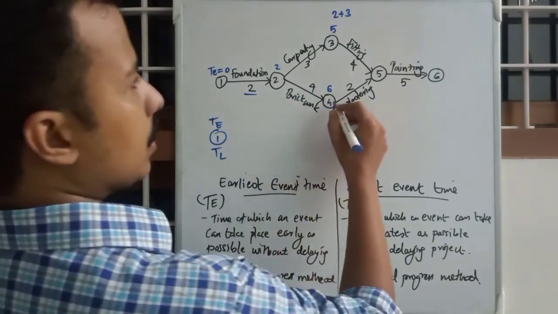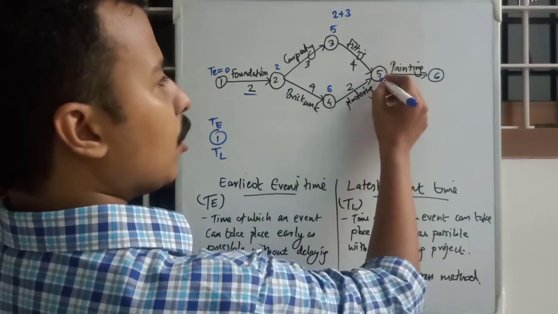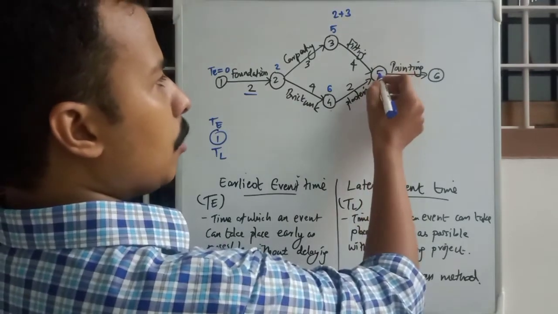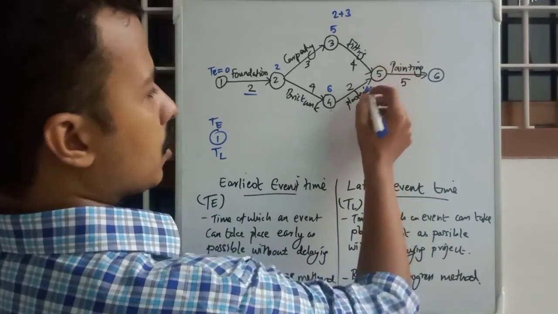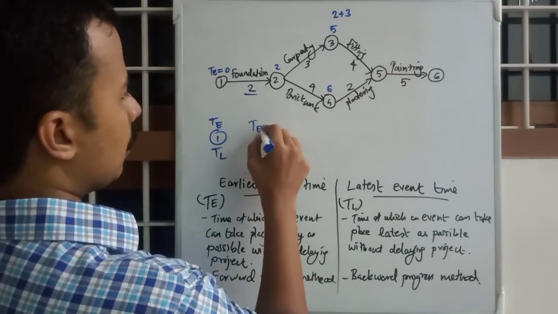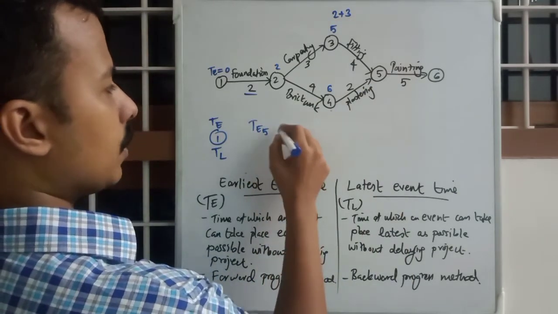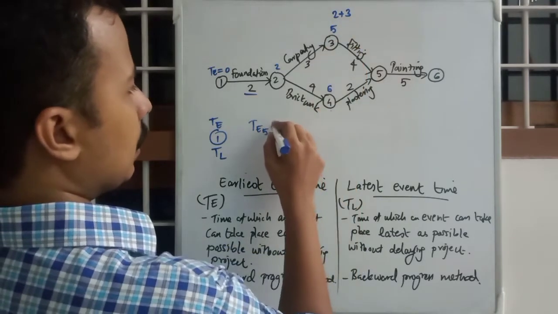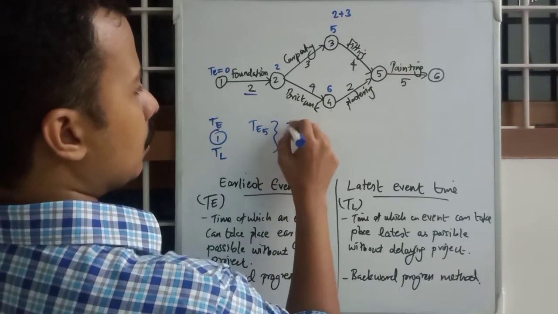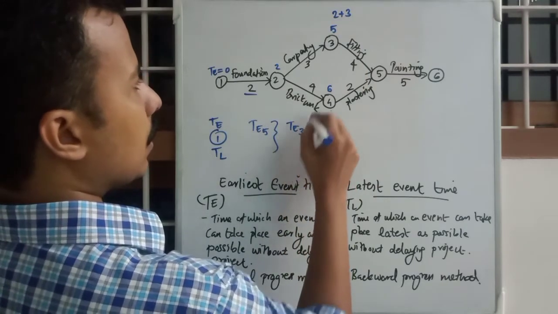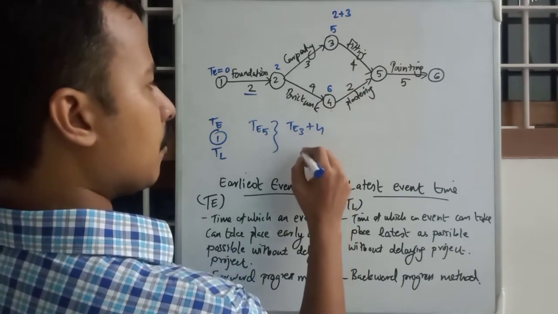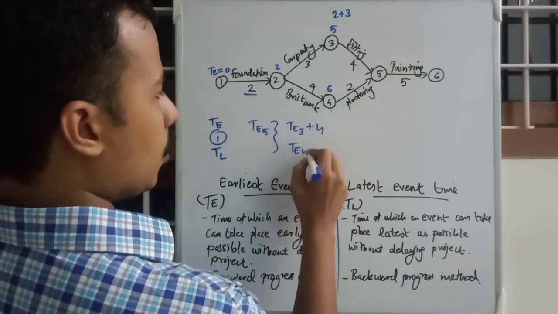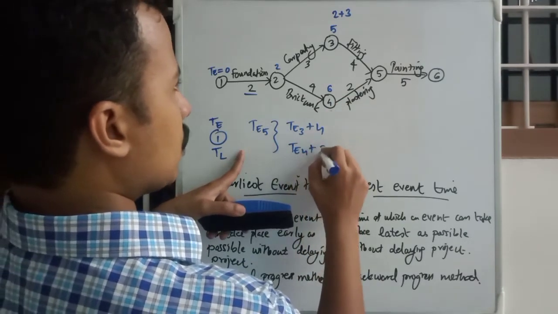Now, TE of 5, this is where the tricky part is. You will have 2 values. Which will be the 2 values? TE5 will be equal to either, from this way, TE3, that is 5 plus 4, or this way, TE4 plus 2.